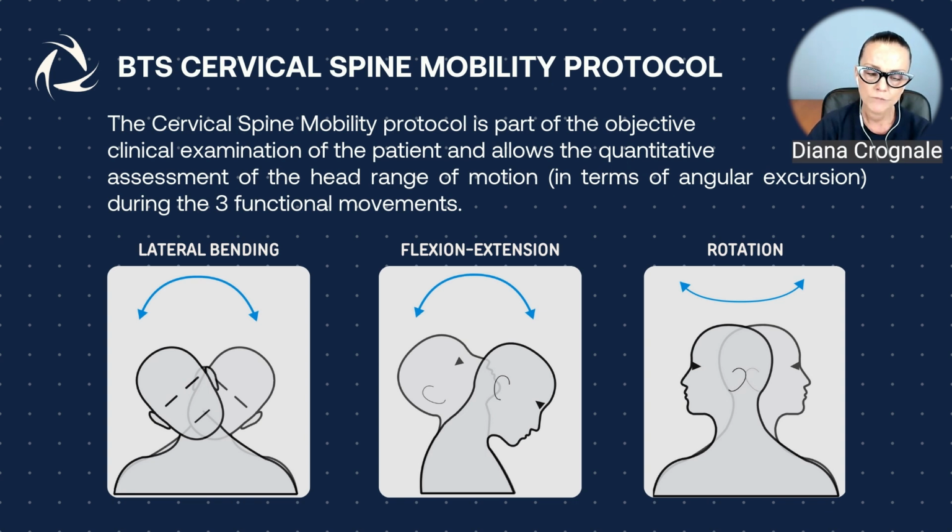The BTS cervical spine mobility protocol is part of the objective clinical examination of the patient and allows the quantitative assessment of the head range of motion in terms of angular excursion during the free functional movement: lateral bending on the frontal plane, flexion extension on the sagittal plane, and rotation on the transversal plane.